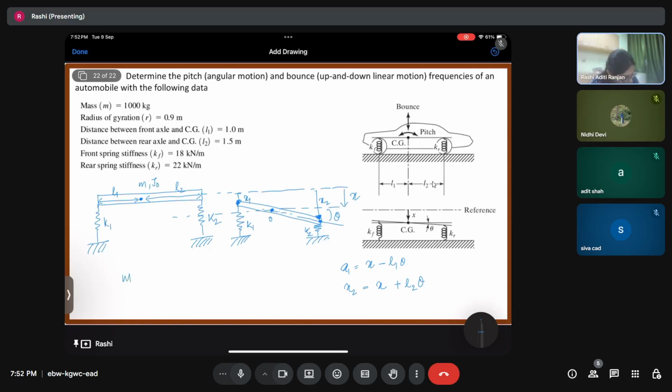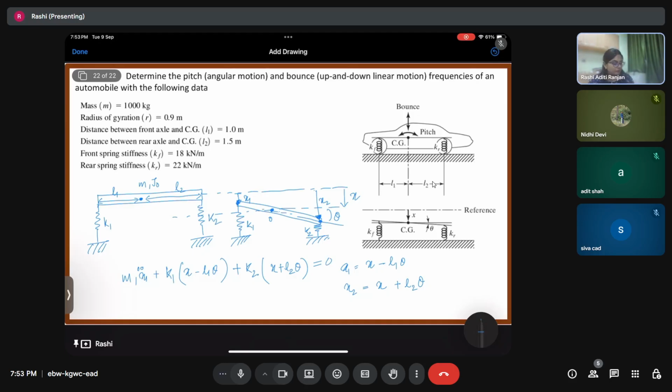So we'll have m x double dot plus k1 into (x minus L1 theta) plus k2 into (x plus L2 theta). Correct? This is going to be equal to 0.